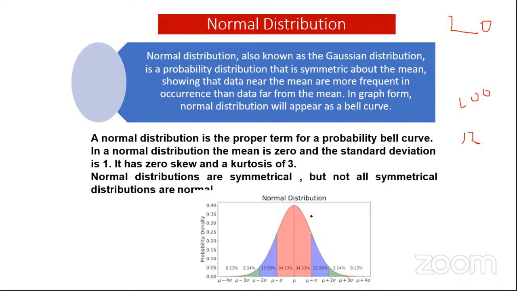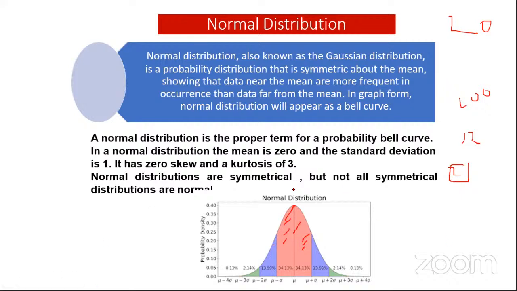This is the shape of the standard normal distribution. This is the mean, which seems to be the highest point, and we have the majority of the respondents along this area. Now, taking this example, let's assume that our mean is 12 and our standard deviation is 2.